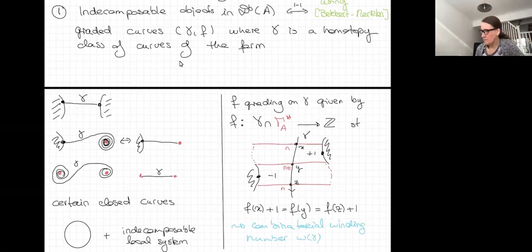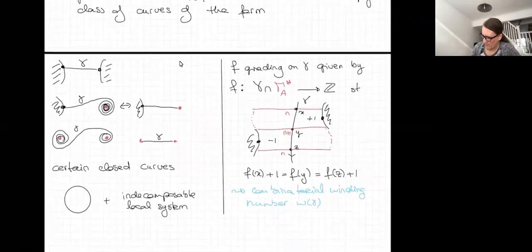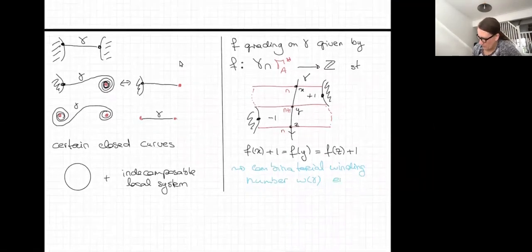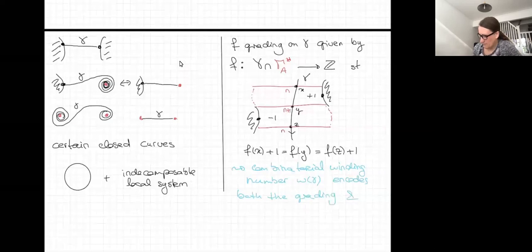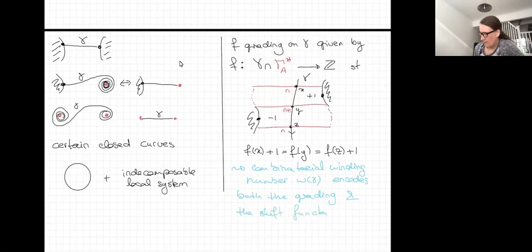W of gamma. And this winding number encodes both the grading of the indecomposable complex, and also the shift functor. Or you can realize the shift functor in this way, I should say, maybe.